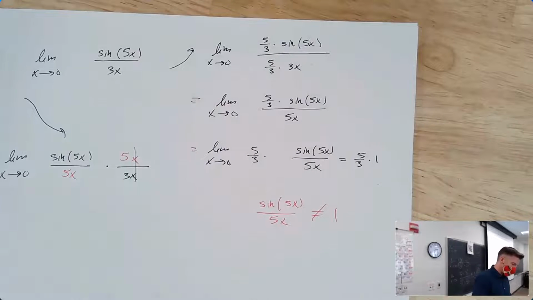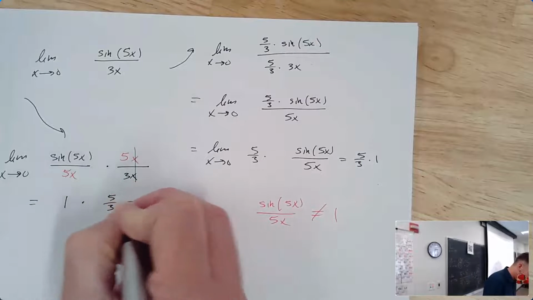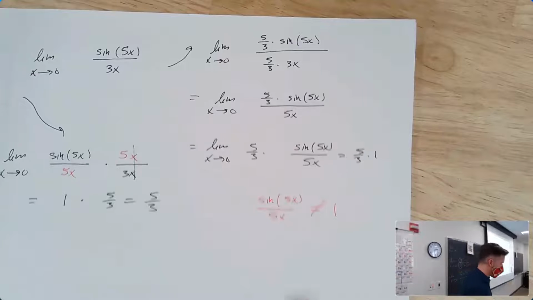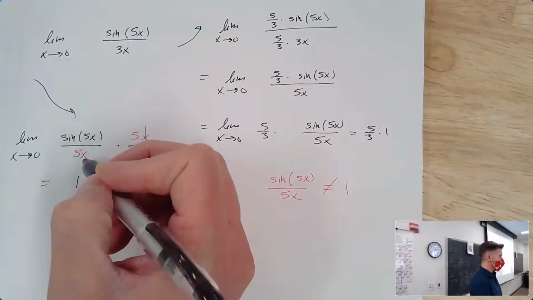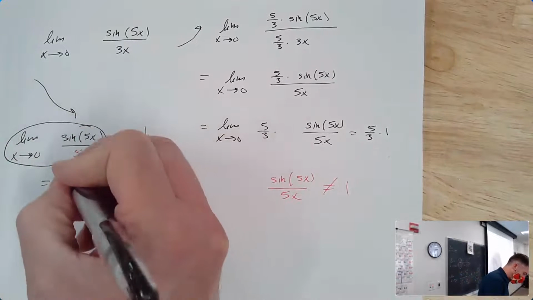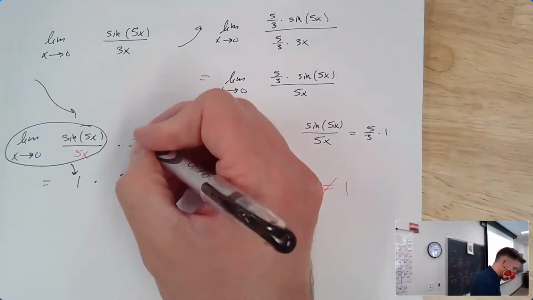And then it's going to be 1 times 5/3. And you really have to emphasize strongly, I'm not saying sine of 5x over 5x equals 1. I'm saying the limit as x goes to 0 of sine of 5x over 5x equals 1. And then the 5/3 is just the 5/3.